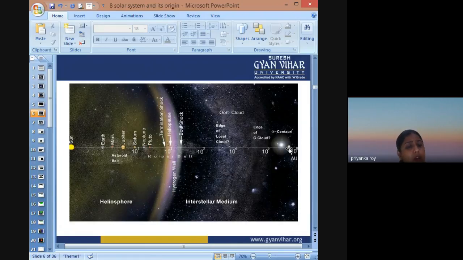When this dust cloud collapsed, it formed a solar nebula, a spinning, swirling disk of material that started coming to the center and developed its own gravitational pull.